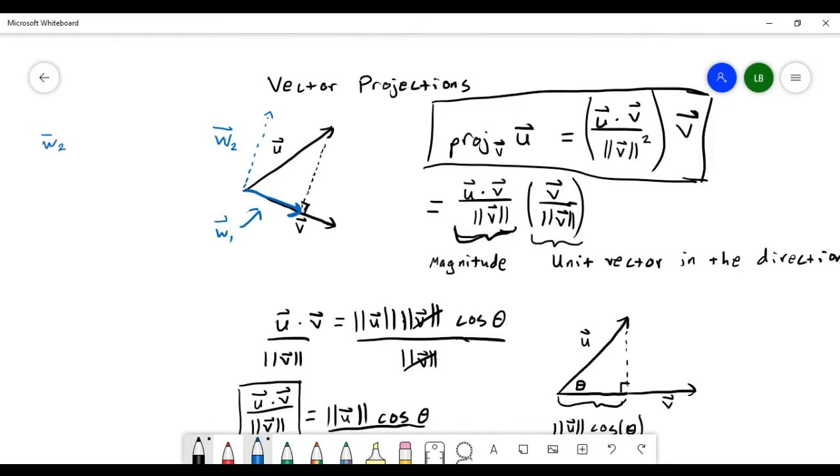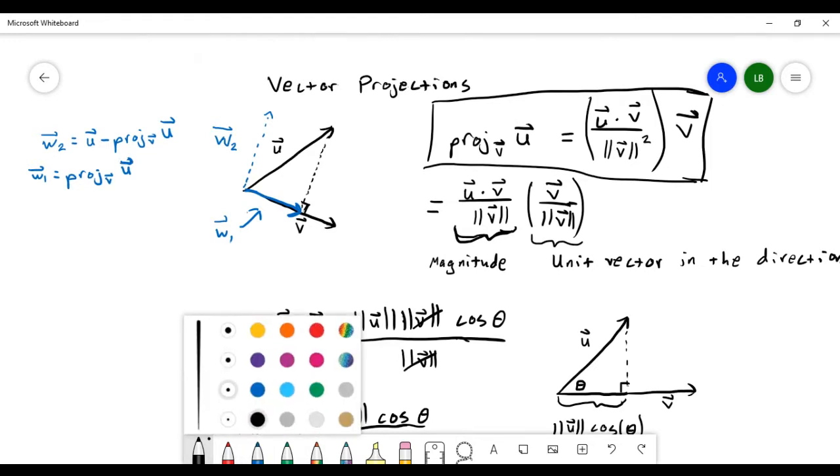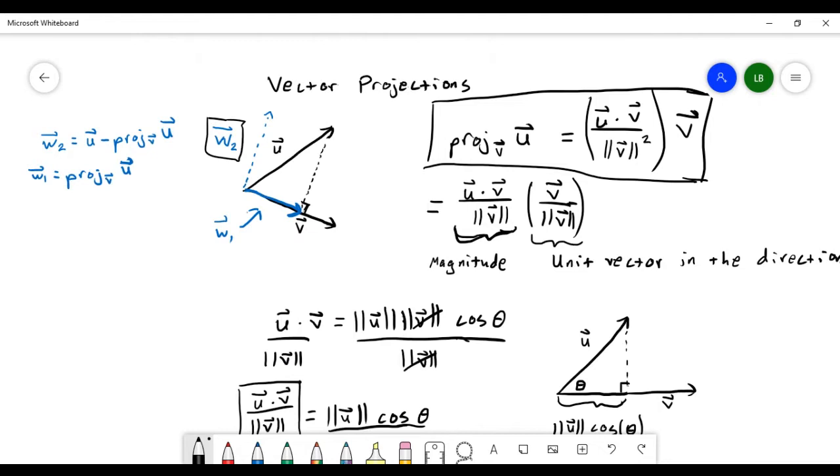And the second part is equal to vector u minus the projection of u onto v. And W1 is, of course, equal to the projection of u onto v. And that's just a bit of terminology you might see. You might see this perpendicular vector right here occasionally.